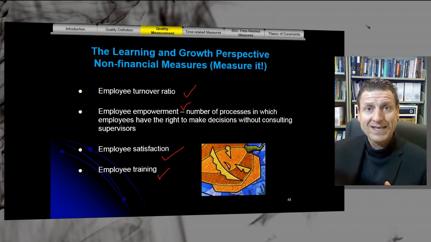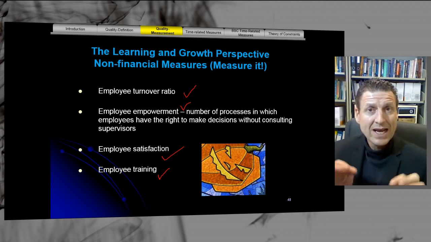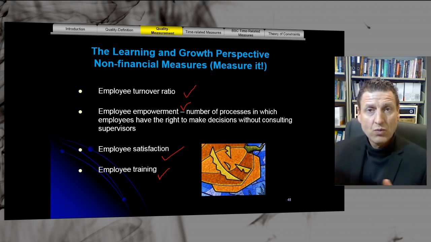These are all aspects of the culture that you may want to develop to attract employees to your organization in the first place. So there we have it. We've gone over some of the measures that could be representative at the customer perspective, the internal process perspective, and the learning and growth perspective.